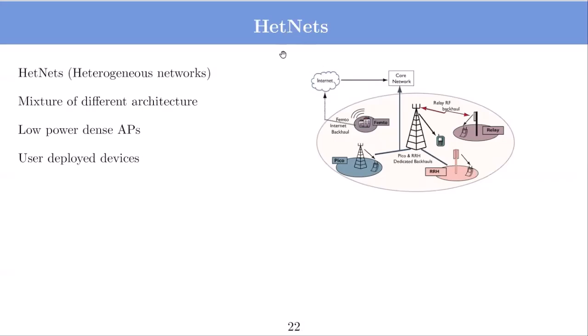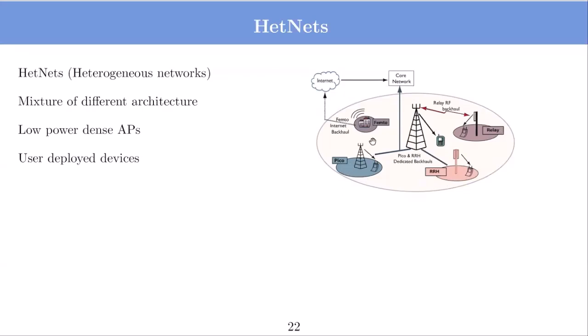Then an extension is known as the heterogeneous networks, which is made from multiple different types of base station. So you can see that in a typical cell, you can have a base station tower, which is serving the complete area. Then there may be some relays in between, which will serve a smaller area, especially those areas which are deprived of coverage because of some big blockages. Then some people on their own buildings can deploy femto and picocells to serve a particular area.